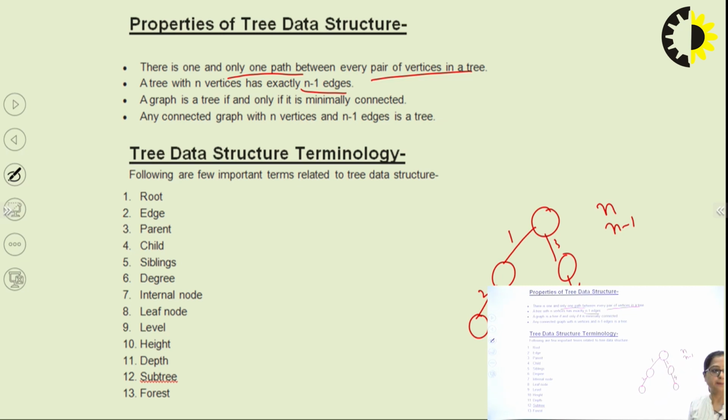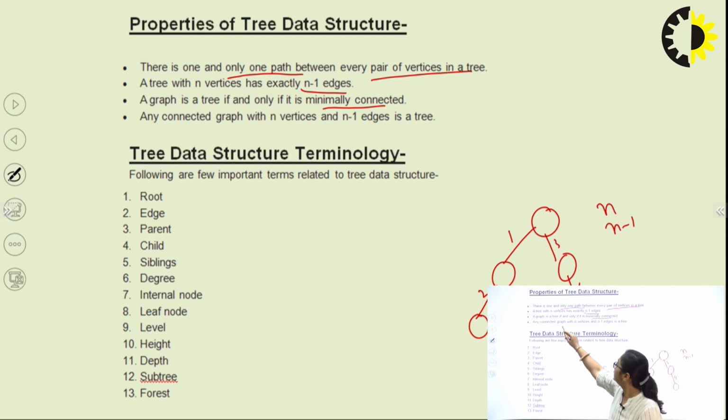The third property is that a graph is a tree if and only if it is minimally connected. That is, if there is one and only one path between every pair of vertices, then we say that this graph is a tree. If more than one path exists, then we say that this is a graph data structure.